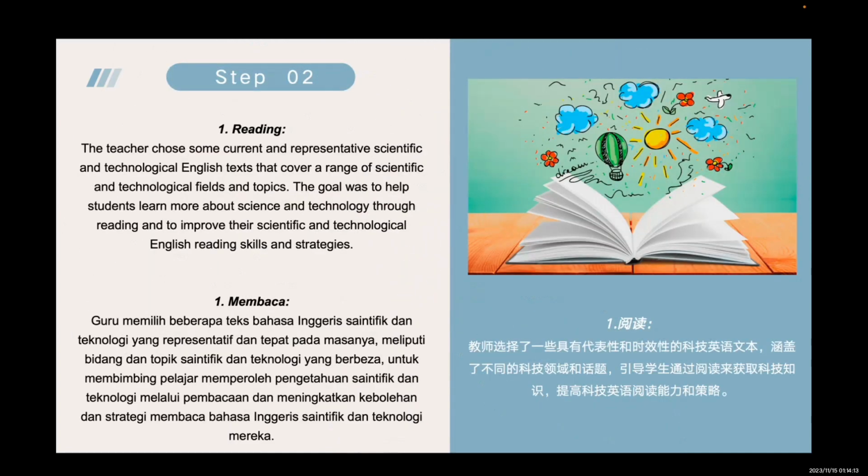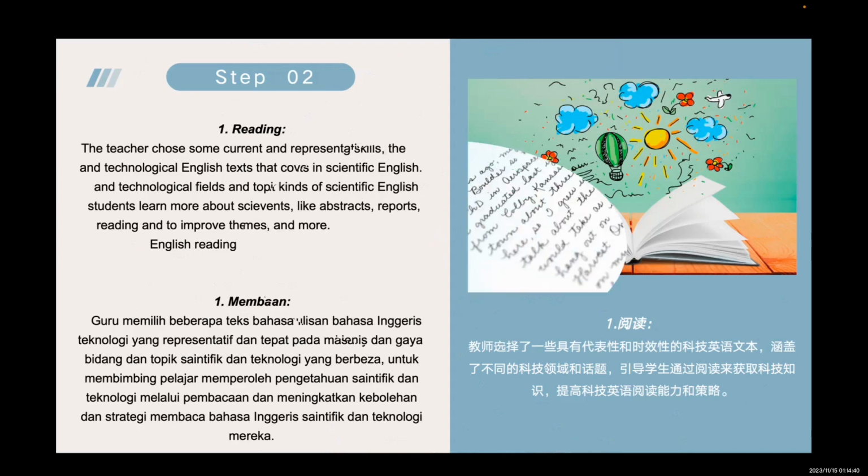The teacher chooses some current and representative scientific and technological English texts that cover the range of scientific and technological fields and topics. The goal was to help students learn more about science and technology through reading and to improve their scientific and technological English reading skills and strategy.